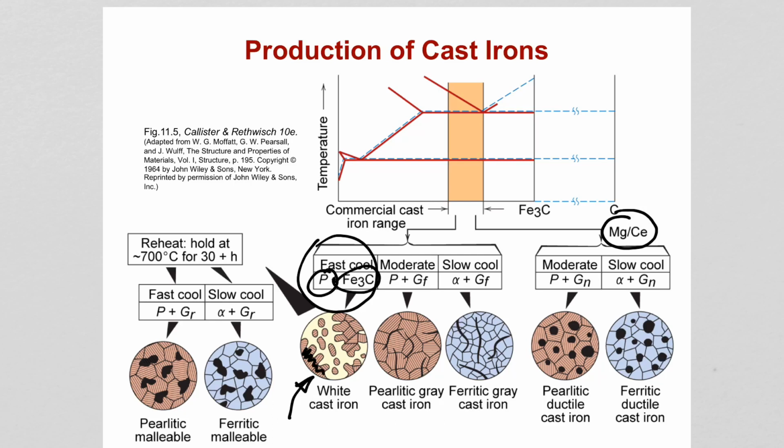However, if we do the heat treatment as we talked about for malleable iron, and go to temperatures around 800 to 900, they said it's 700, we hold it at that temperature for a long period of time. And when it is done, depending on how fast you cool it back to room temperature, it might have a pearlitic malleable or ferritic malleable structure.